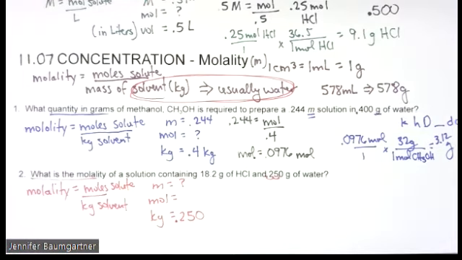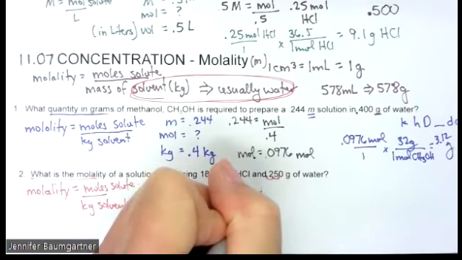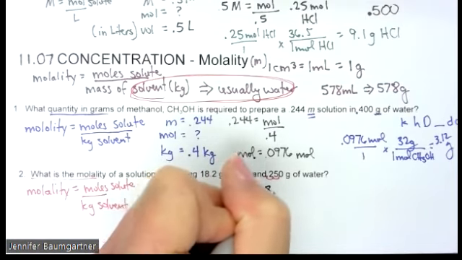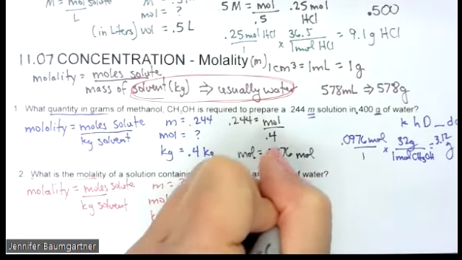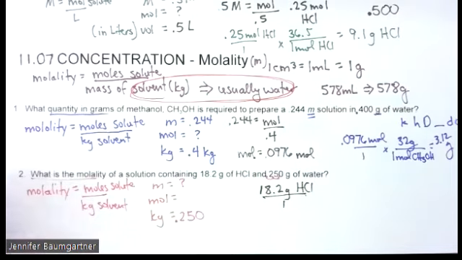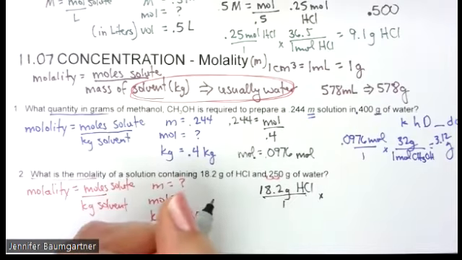Remember, I have to change this to 0.250. Well, what they want is for me to solve for this, but I don't have the moles. But if I have mass, I can do a mass to mole. So I'm going to have 18.2 grams of HCl over 1 times the molar mass.